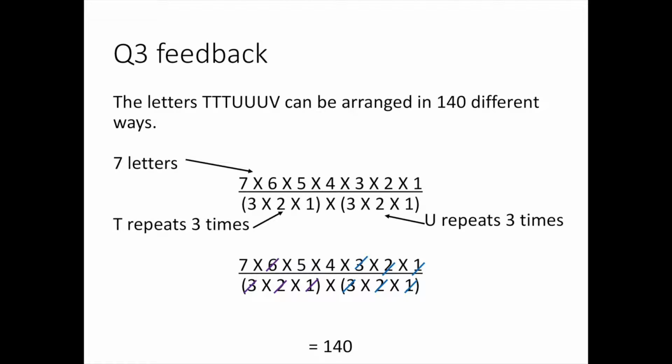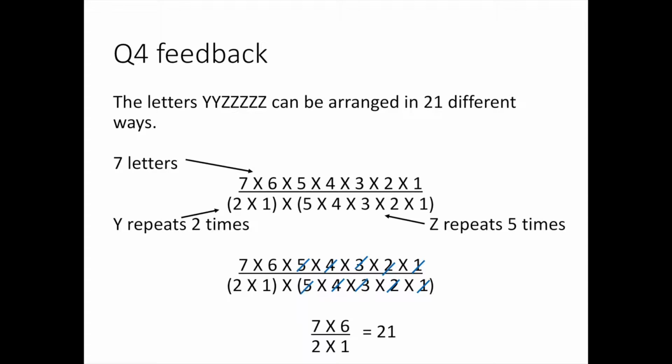So you can cancel that with the 6 in the numerator, leaving you 7 times 5 times 4, which altogether gives you 140 different permutations for that combination of letters.